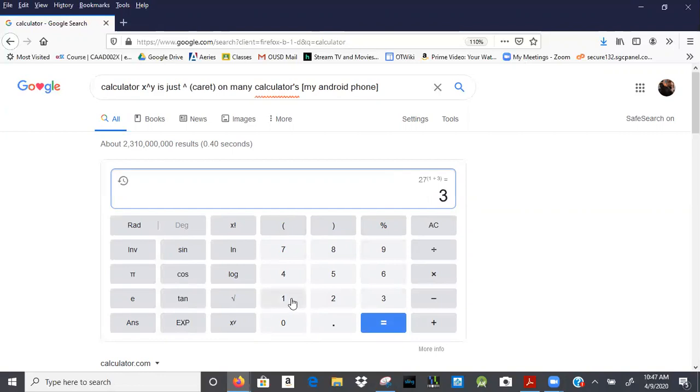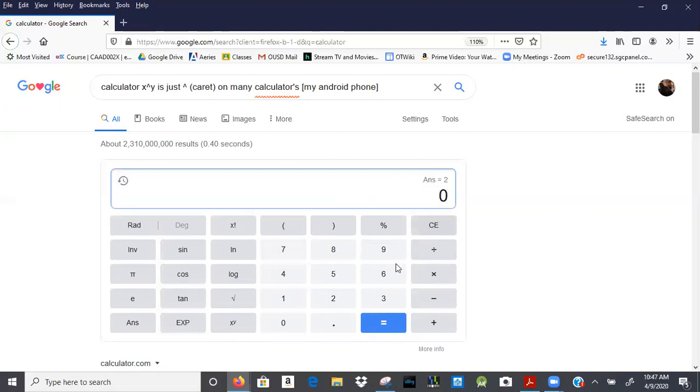In the same way that 2 times 2 times 2 times 2 is 2 to the fourth power, that's 16. So if I wanted to find the fourth root of 16, I would do 16, X to the Y, that gives me the little exponent symbol, and 1 divided by 4. It says what's the fourth root, and that is 2.